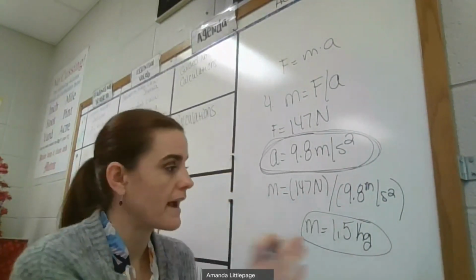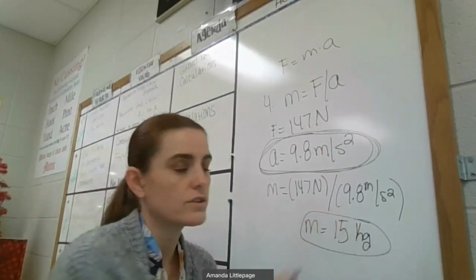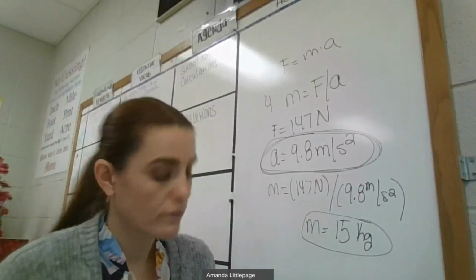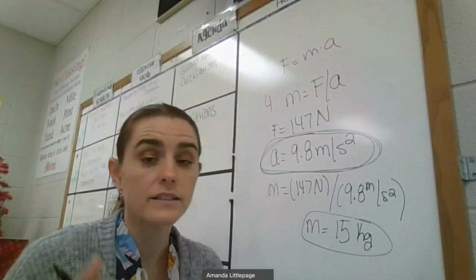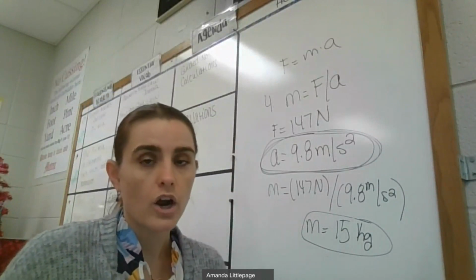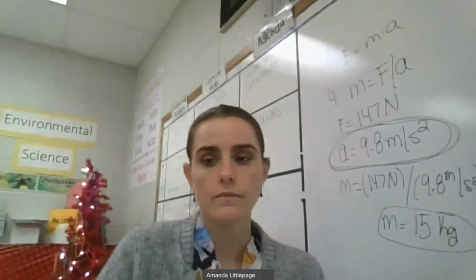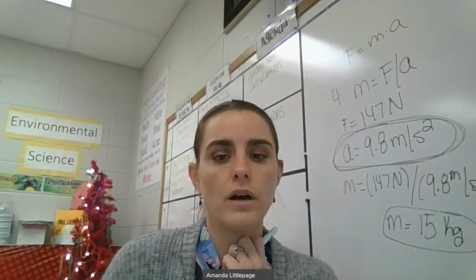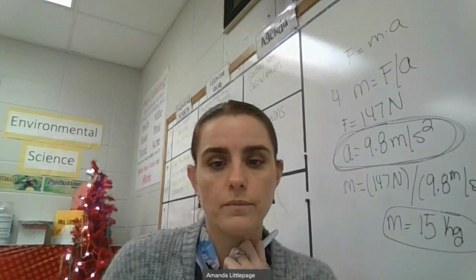See, always check your math. That's 15, excuse me. Apologize for my mistake. 147 divided by 9.8 is 15 kilograms. All right, so I'm going to pause right there and come back to finish the next example.